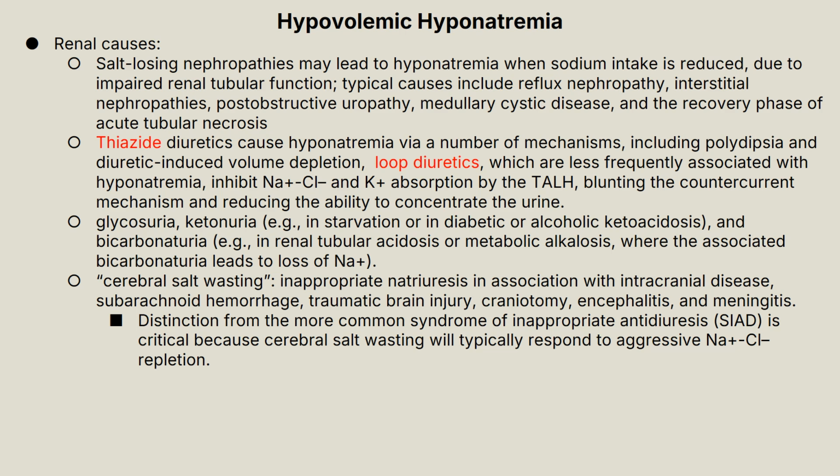So when using loop diuretics, yes, we are losing much more sodium chloride, but we are losing an equal amount of water. With using thiazides, you are losing the sodium chloride, but you are not decreasing the countercurrent mechanism, and so the interstitium is still highly concentrated with maybe 700, 1000, or 1200 milliosmoles, and thus water is still reabsorbed in the collecting duct.